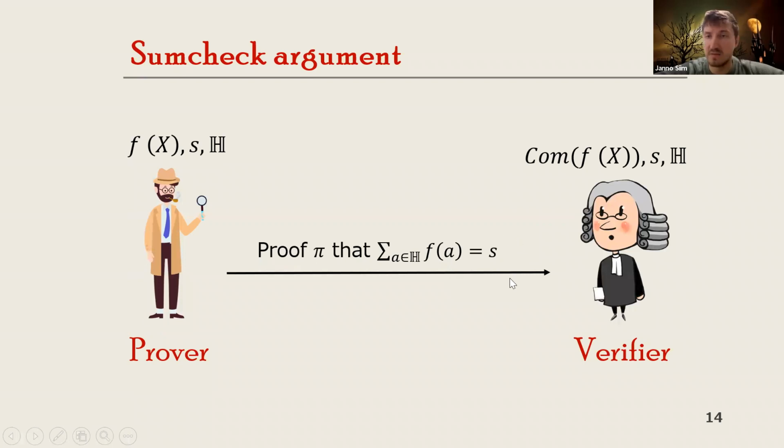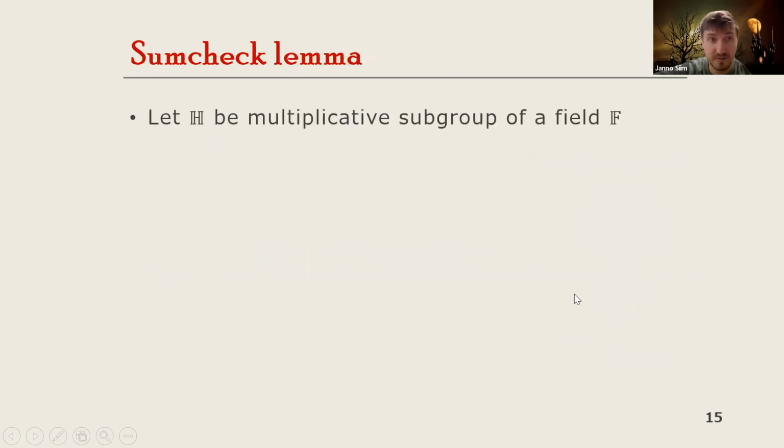So that is what a sum check argument is. And this is what we need, based on the previous scheme, to get a zkSNARK for an R1CS-like constraint system.